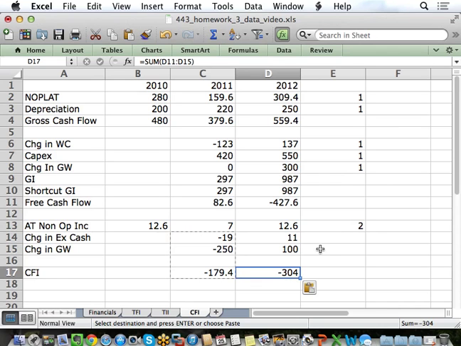Now, what I know here is that my CFI is negative in both years, 2011 and 2012, which means I need to go get cash. The business in and of itself does not have enough cash to run, and it's going to need to find some external financing. So as we jump to the funds flow side, we've got to see where the financing came from.